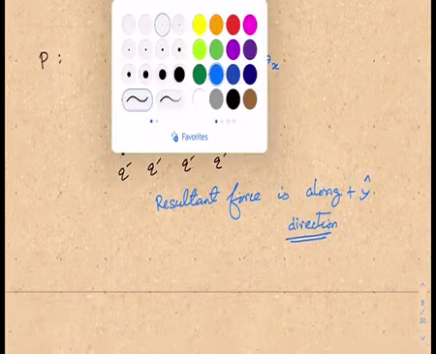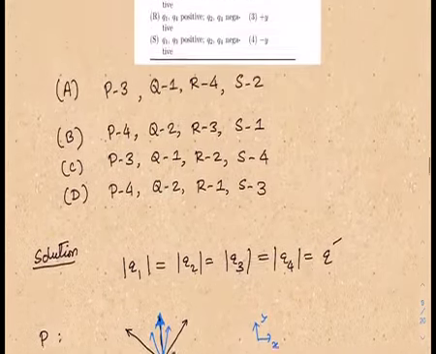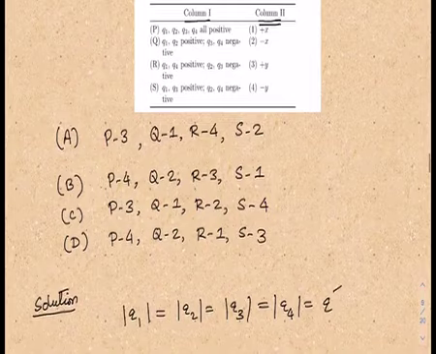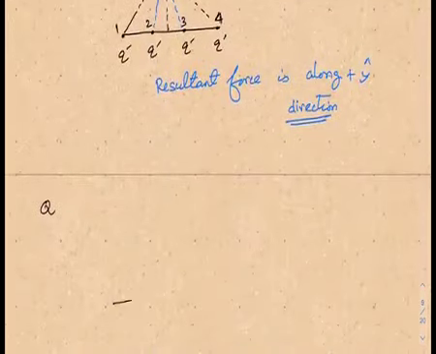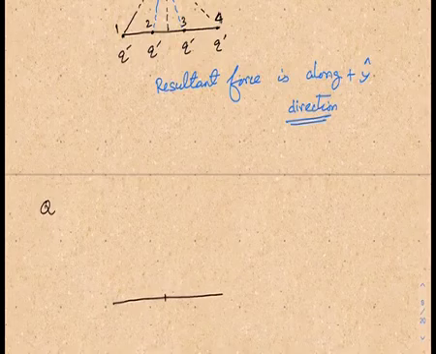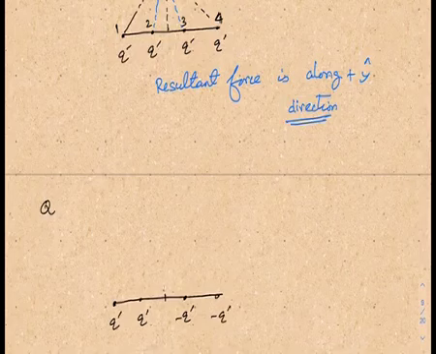Then the next one is q1, q2 positive, q3, q4 negative. So this is what you have here.